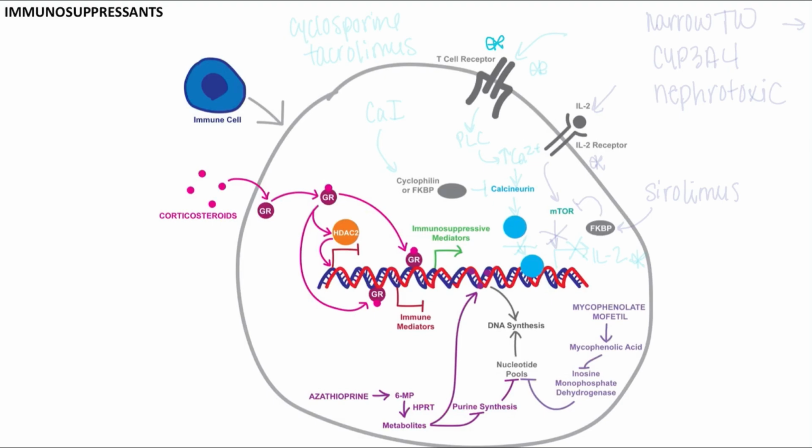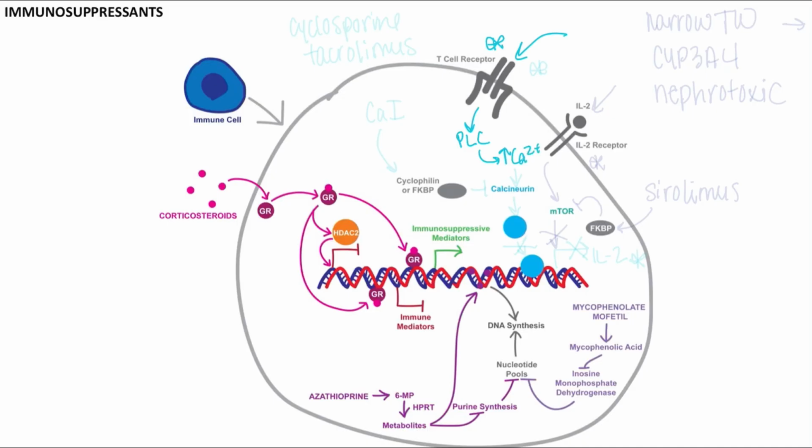So when a T cell receptor recognizes an MHC antigen complex, this leads to activation signals through the activity of tyrosine kinases that will eventually activate phospholipase C, to eventually trigger elevations in intracellular calcium levels.